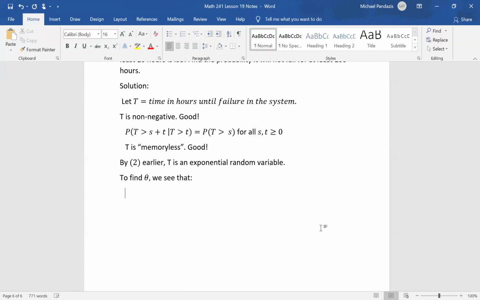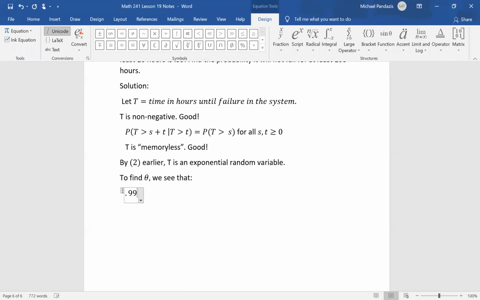that following. So we know that 0.99 is the probability that X_T is greater than or equal to 10. Okay, and so that's from here.